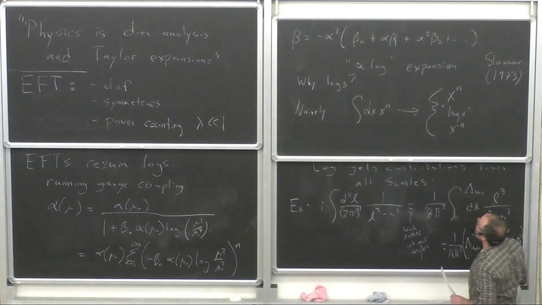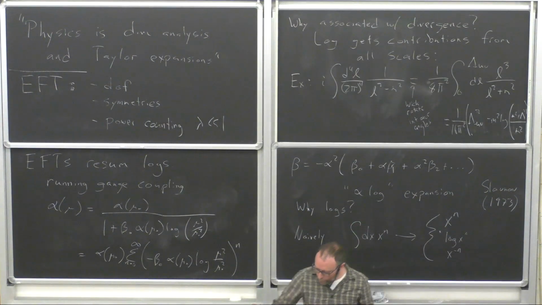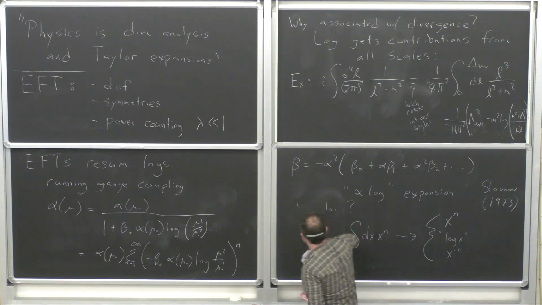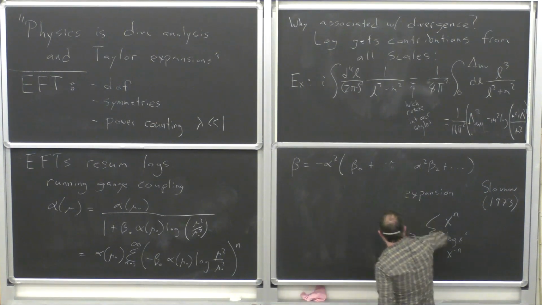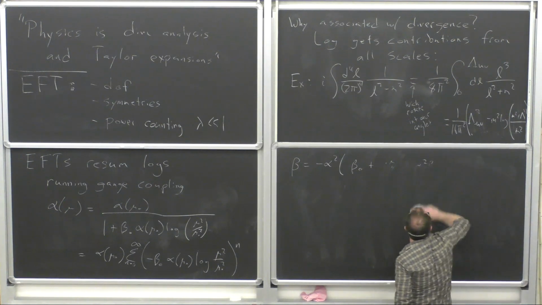Then we can take this result and Taylor expand to understand this idea that the different contributions localize at different scales.